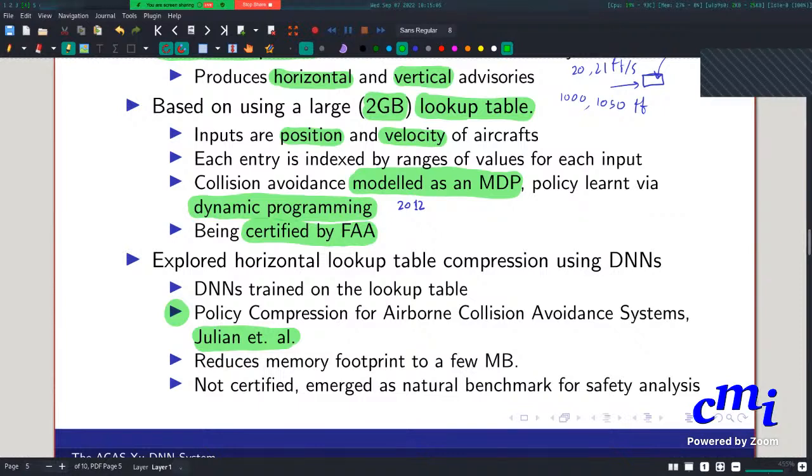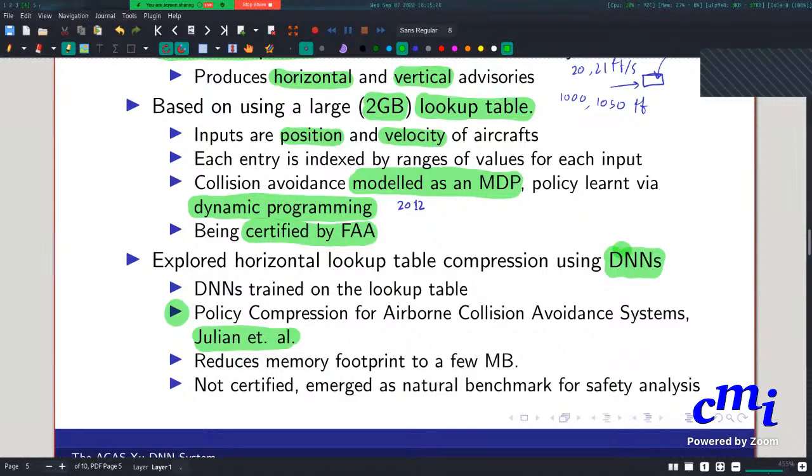So they looked at if you can compress the table somehow. And one of the ways that they explored of compressing this table was using DNNs. So what they did was they took a DNN and then they trained it on the table, right? The table itself is just a bunch of input and output values, so you can think of the entire table as being this huge data set, and you can train a DNN on that.